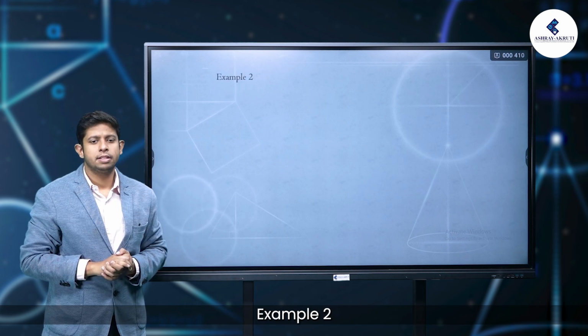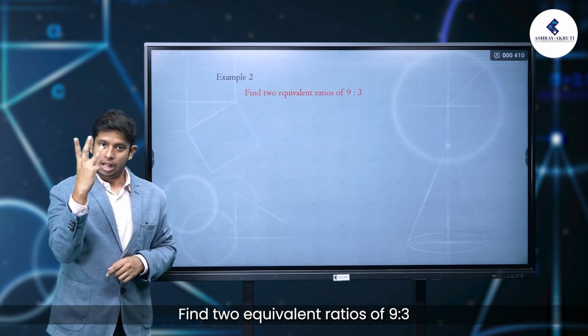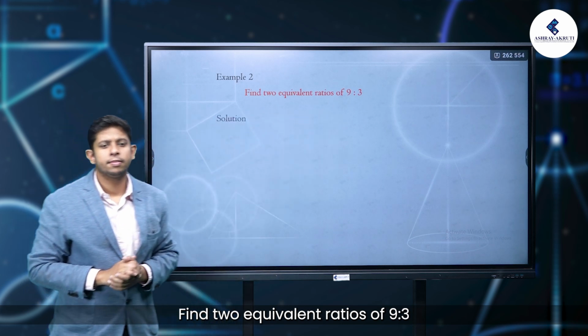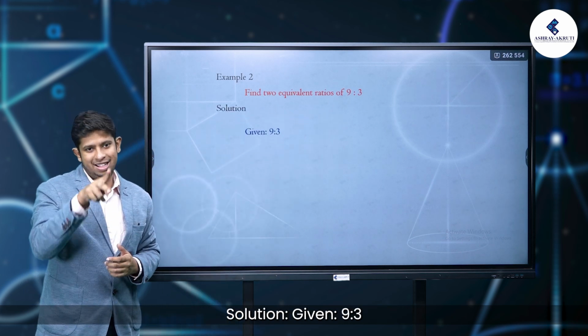Example 2. Find two equivalent ratios of 9:3. Solution. Given 9:3.